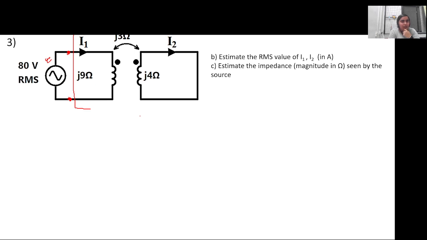Anyone facing any problem, you can unmute and ask. Ma'am, what is the polarity of the RMS voltage? It will be like this, plus minus.